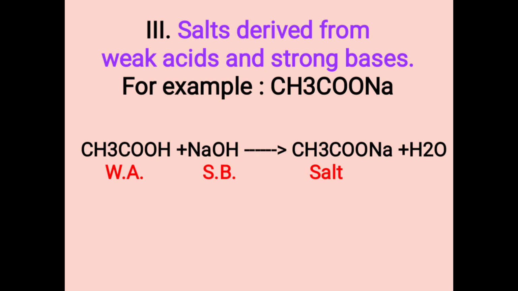This salt is derived from the weak acid, acetic acid, and strong base NaOH. The byproduct in aqueous solution is H2O. So this is the third type of the salt, that is derived from weak acid and strong base.